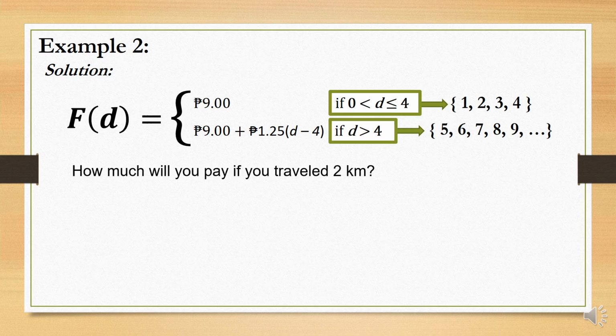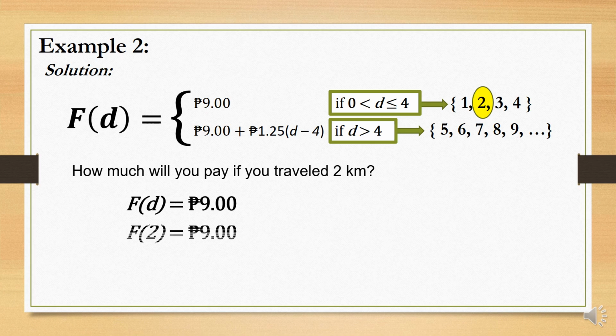Now, kung napapansin nyo, ang 2 kilometers ay nasa first subfunction, ibig sabihin nito, gagamitin natin ang first subfunction. So, we have f of d is equal to 9 pesos. Then substitute the value of d, which is 2. So, f of 2 is equal to 9 pesos. So, you will pay 9 pesos if you traveled 2 kilometers.